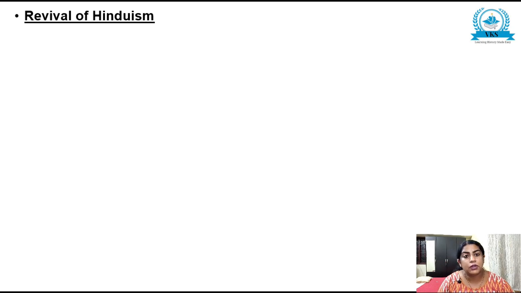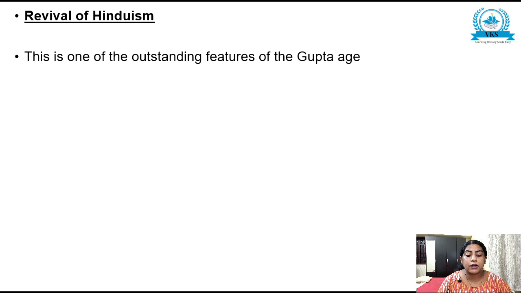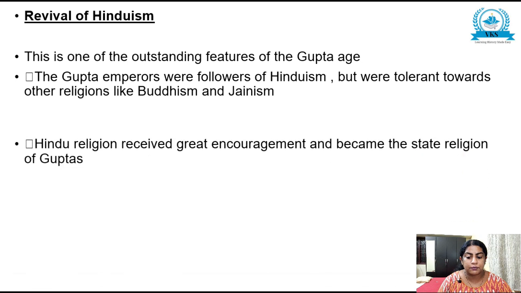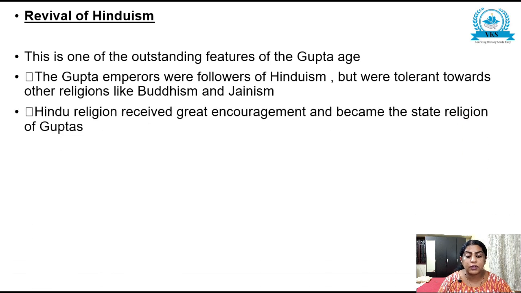Now you get on to the main points. The first point, revival of Hinduism. This is one of the outstanding features of the Gupta age. The Gupta emperors were followers of Hinduism but were tolerant towards other religions like Buddhism and Jainism. The Hindu religion received great encouragement and became the state religion of the Guptas.